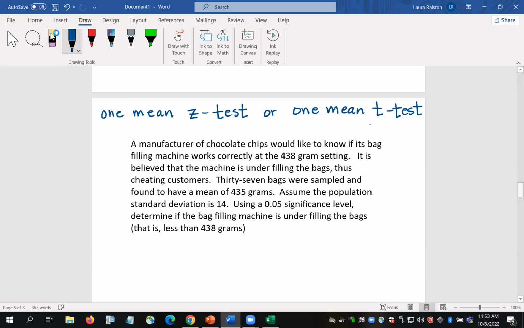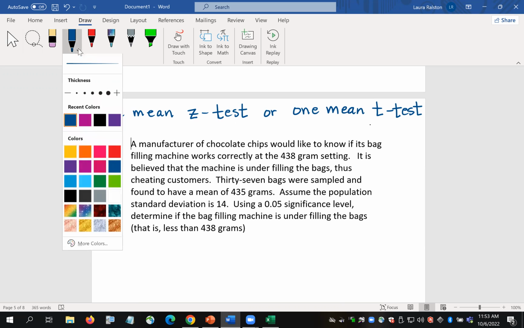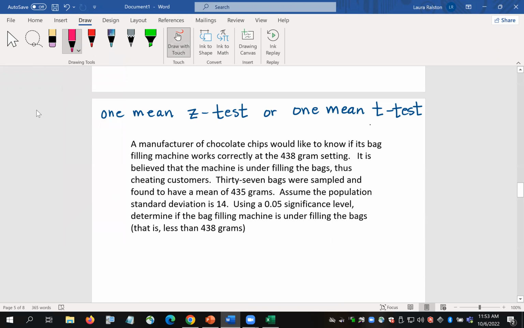And if you'll recall, if you go back to the fill in the blank notes that we took on Tuesday, the primary difference between whether you use a Z test or a T test has to do with whether or not you know the population standard deviation. Remember, we use a Z test if we know the population standard deviation, which is sigma.